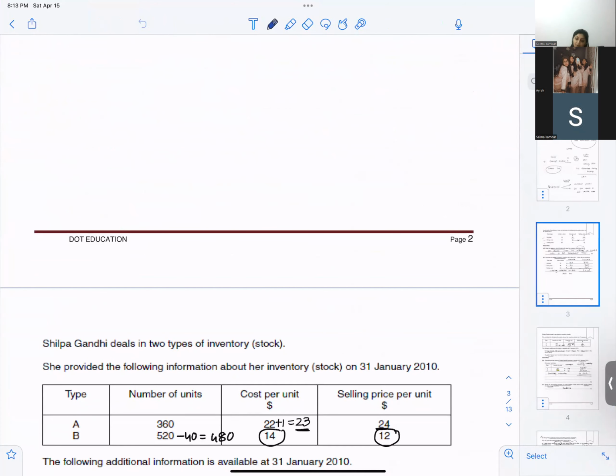So you have closing inventory. If your closing inventory is overstated, your profits of the current year will be overstated. Your current assets of the current year will be overstated.